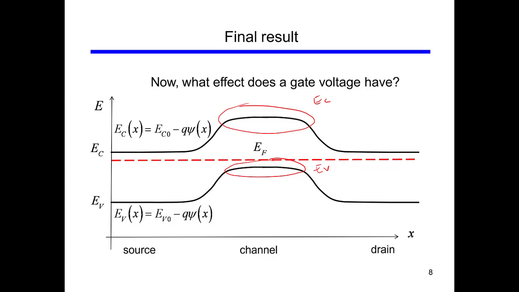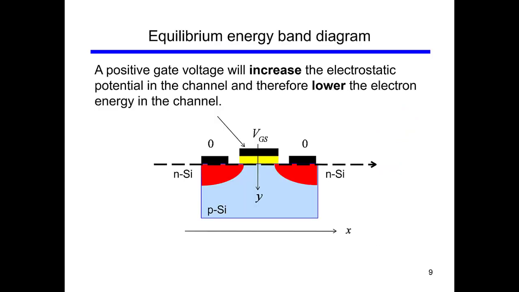So you see there is this kind of potential hill that is developed. This is what the barrier is. It is like a hindrance to the flow of electrons across the channel. This is the barrier that stops the flow of electrons across the channel.